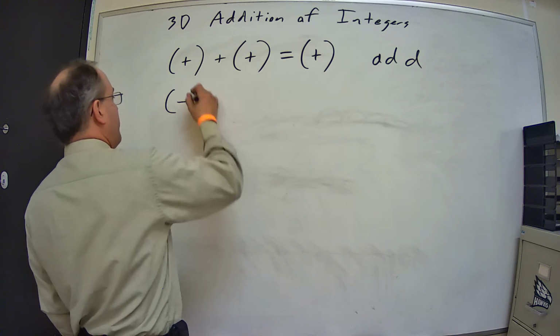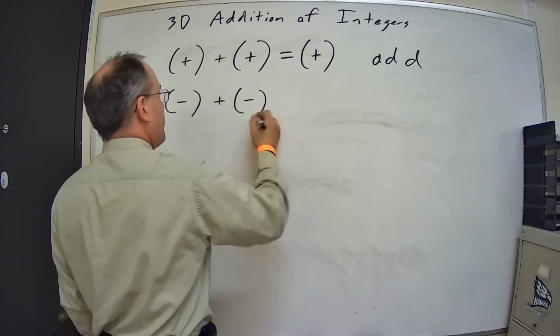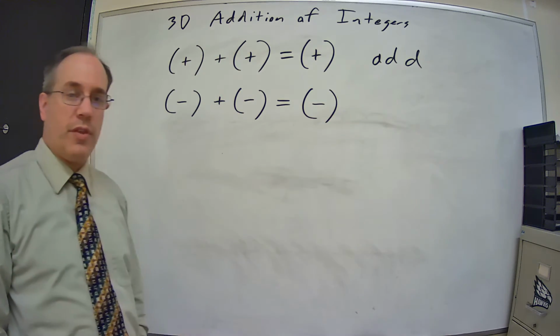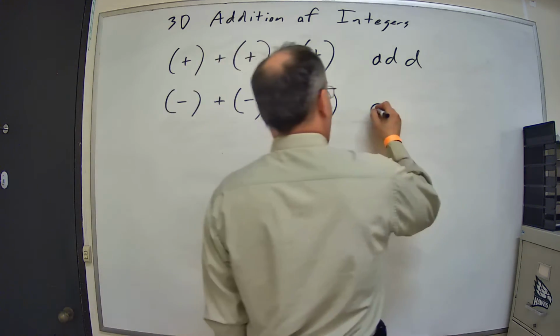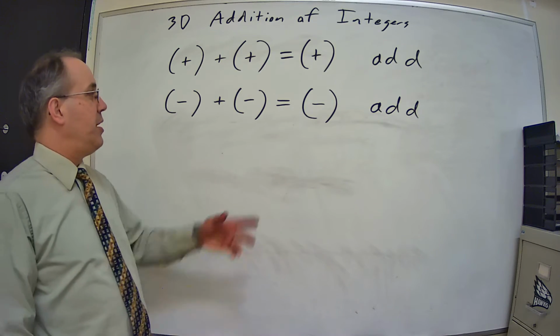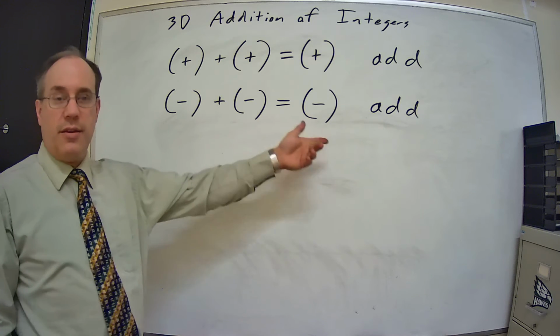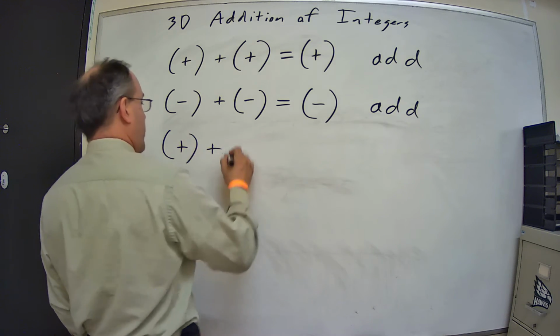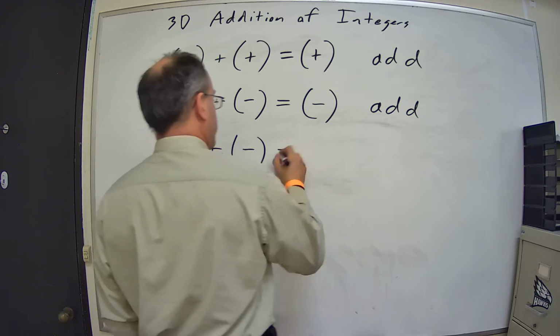If you have a negative number plus a negative number, the result will be negative. So add the two magnitudes, the values themselves, and then just make the sign negative.